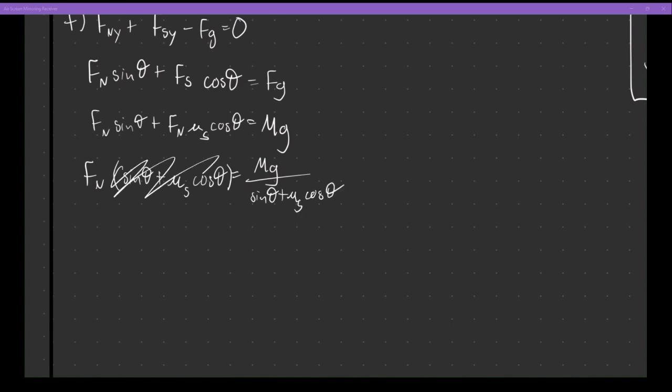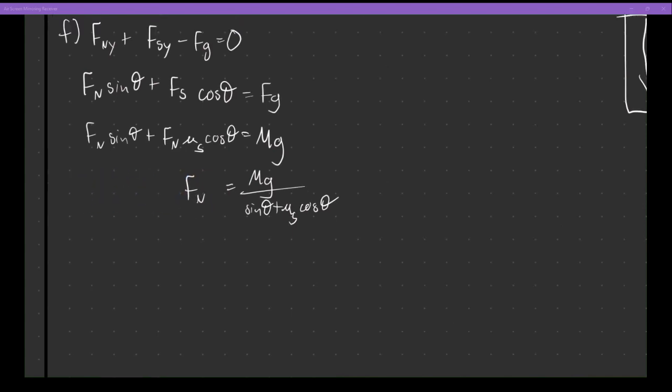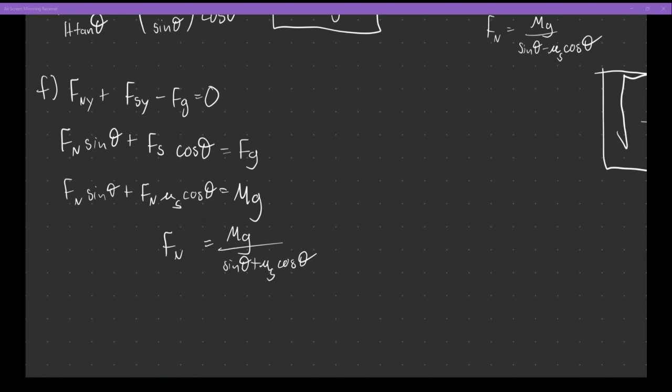Save a little space, so just delete that there. Bring that a little closer. So that's what f n is. Now I'm going to set it in the x direction. So now it's f n x minus f s x this time, because now it's pointing the opposite direction, equals f of c.